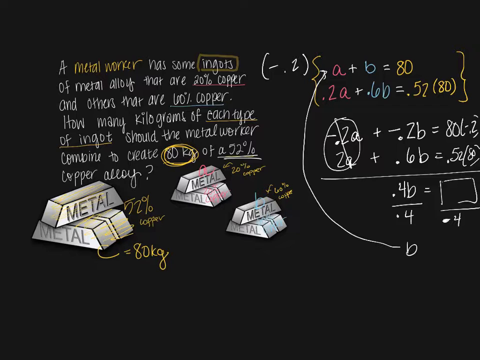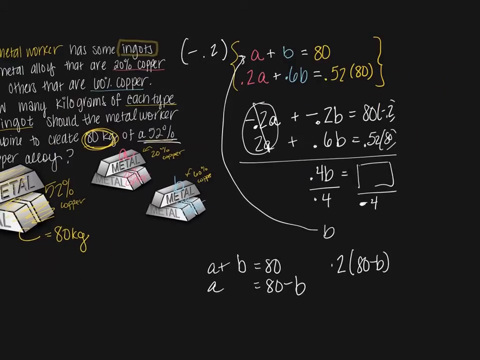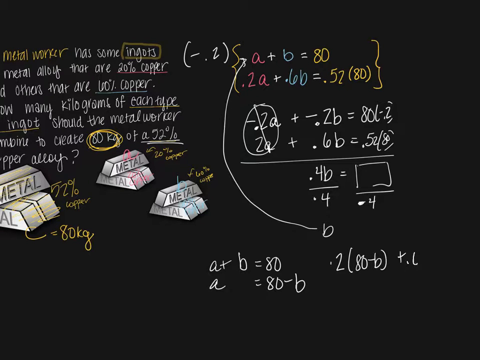The other way I can do this is to go back and say, well, if A plus B equals 80, then A equals 80 minus B. And I can come up here and say, if that's true, then 0.2 times 80 minus B plus 0.6B equals 0.52 times 80.